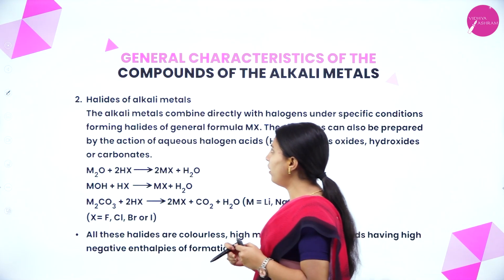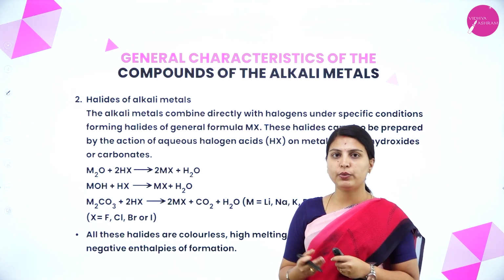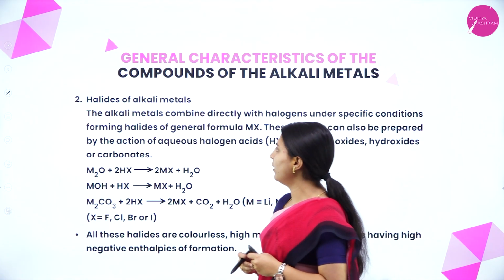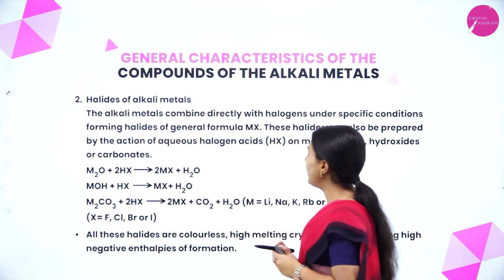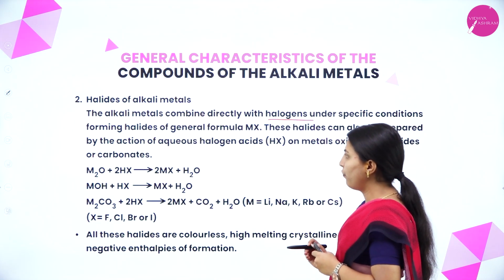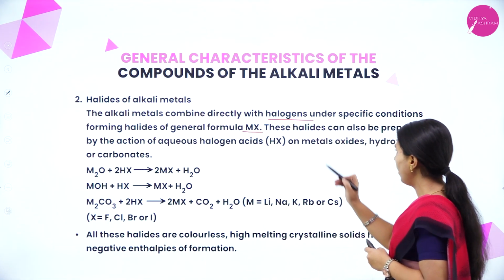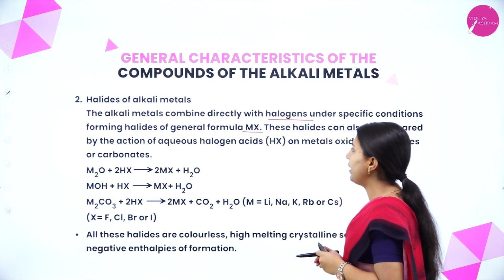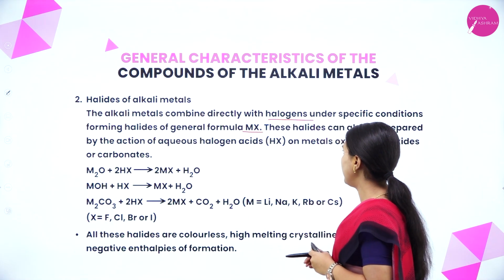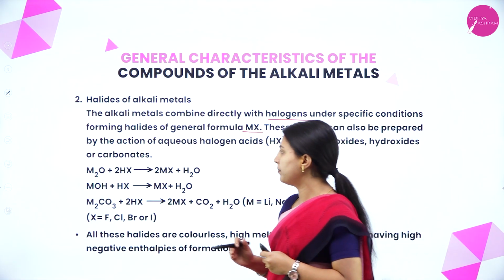Next, halides of alkali metals. When we say halides, when metal reacts with halogens, it will form halides. The alkali metals combine directly with halogens under specific conditions, forming halides of general formula MX. These halides can also be prepared by the action of aqueous halogen acids on metal oxides, hydroxides or carbonates.